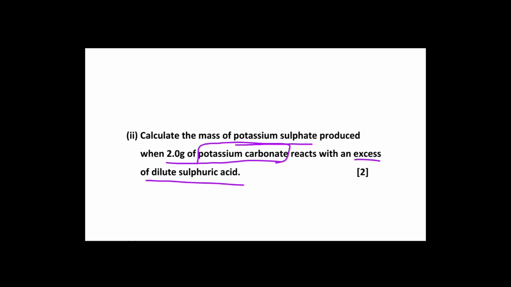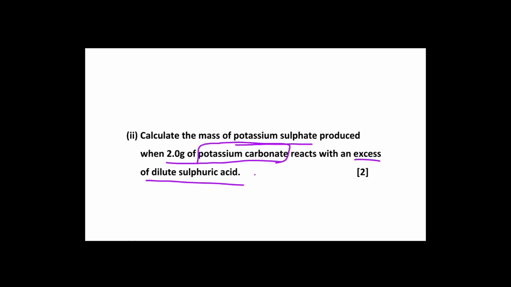Now, under mole concept, we use the limiting reagent to calculate the amount of the product formed from the reaction. When you use the reagent in excess, just know that you are going to fail that question. And the reason is simple. A limiting reagent is going to determine the amount of the product that is going to be formed from the reaction.